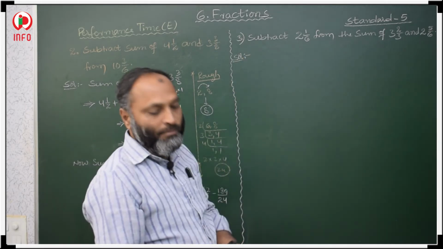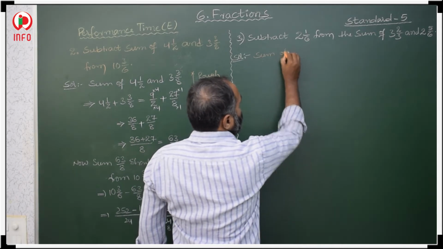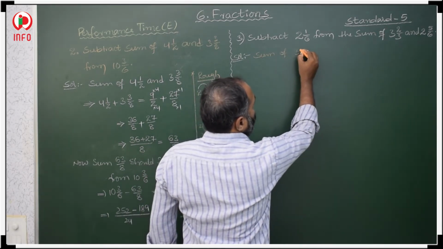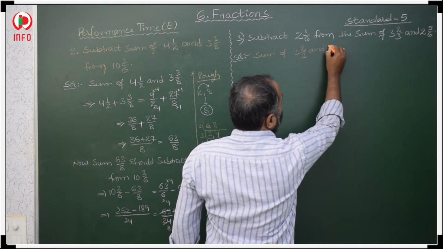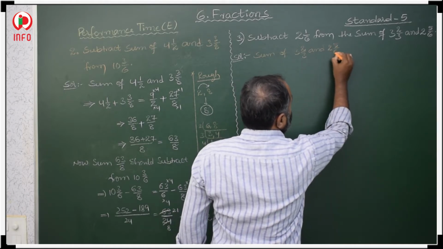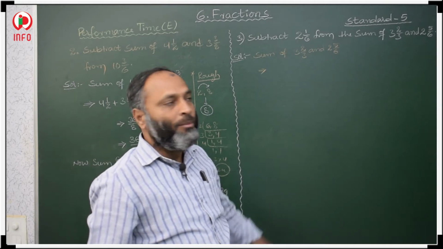First we have to find the sum of 3 2/3 and 2 5/6.